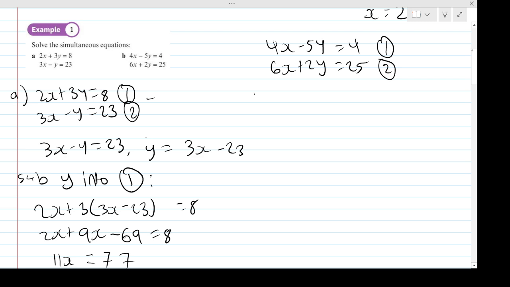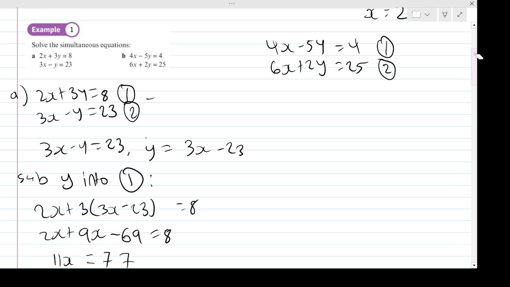So let's say I want to get rid of y, okay? Well, if I just added equations 1 and 2, minus 5y and 2y is going to be minus 3y, but that's still y. That's not getting rid of it.